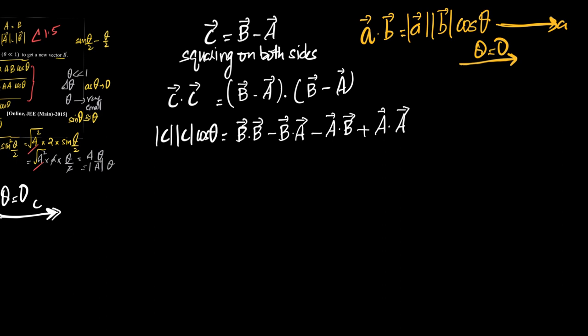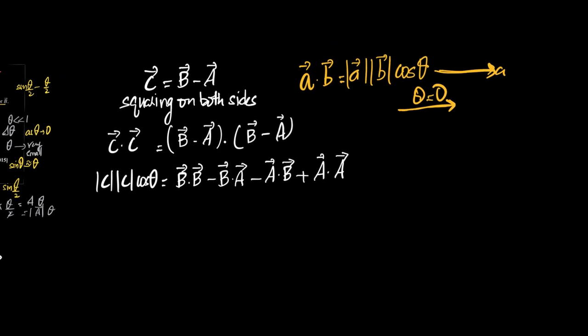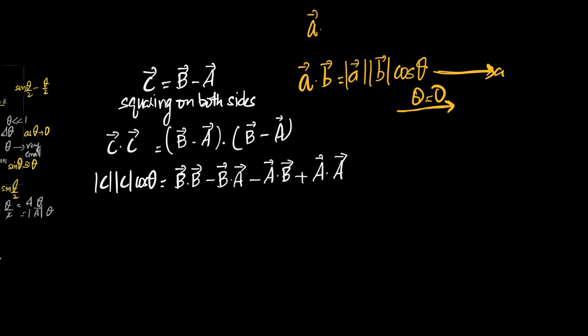Which means if you were to find out vector a dot vector a, this would be equal to modulus of vector a into modulus of vector a into cos 0. Now what is modulus of vector a? It is a. What is modulus of vector a? It is a. What is cos 0? It is 1. So what you get is a square, right?